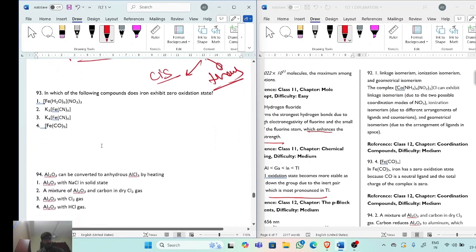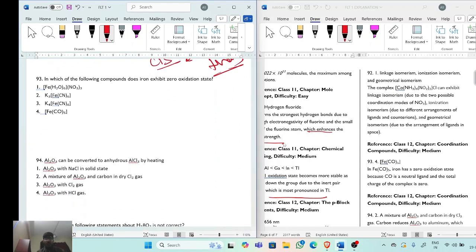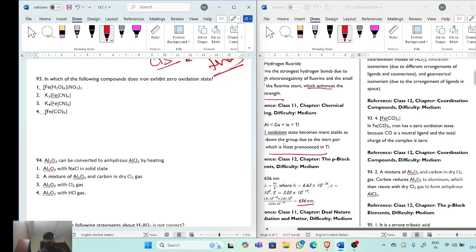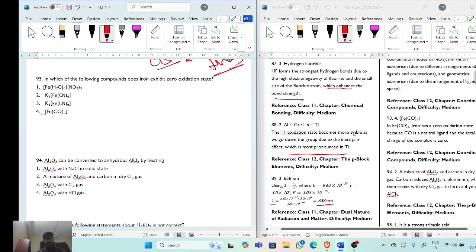Now comes question number 93. In which of the following compounds does iron exhibit zero oxidation state? Here we just have to calculate the oxidation states in all the compounds. In option number first, let the oxidation state of iron be X, then for H2O it will be 0, and for NO3 it will be -1. It is outside the complex, so X minus 3 is equal to 0. So iron is in +3 oxidation state.